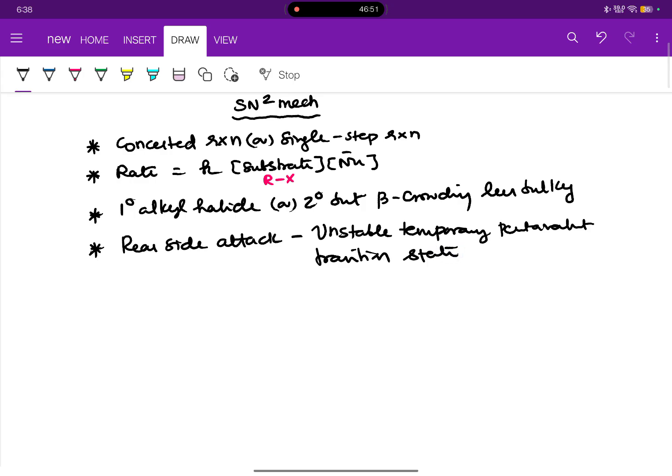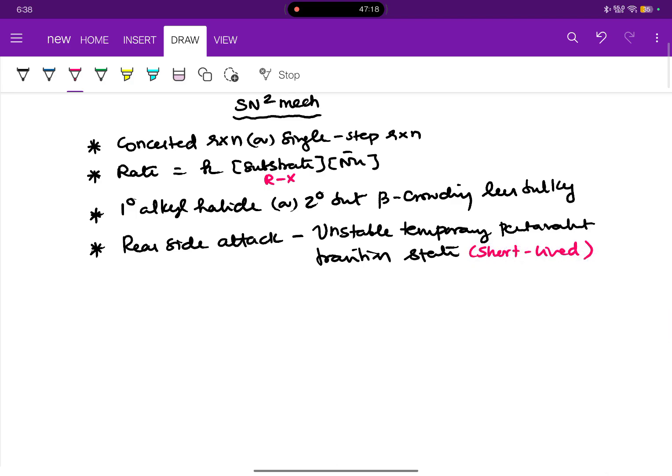Remember, carbocation is an intermediate which can be isolated from the solution. Instead of adding OH, if you had some strong nucleophiles, it will go and attack immediately and form a product. That means carbocation can be isolated. The unstable temporary pentavalent transition state is very short-lived. It is very short-lived. So you cannot isolate it.